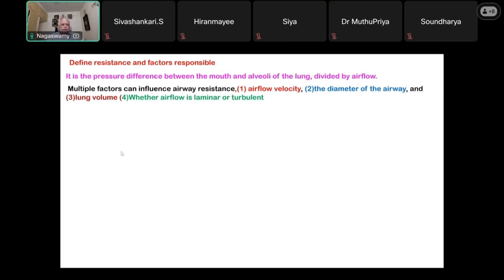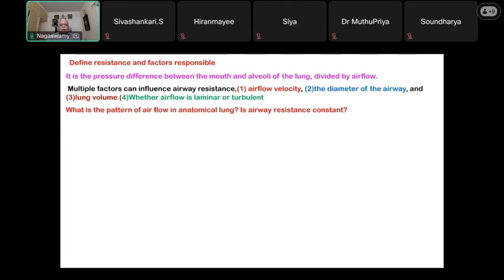The factors which affect the resistance are airflow velocity, the diameter of the passage, the lung volume, and whether airflow is laminar or turbulent. These are the two types of airflow. Which one is preferable, laminar or turbulent flow? Laminar flow, because that will cause an easy, smooth sailing flow.